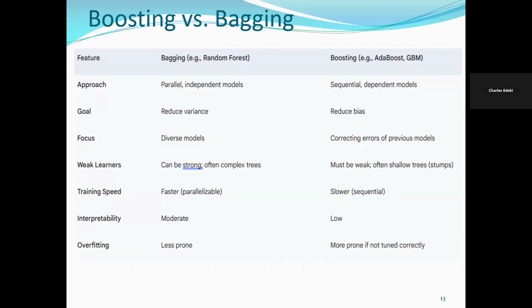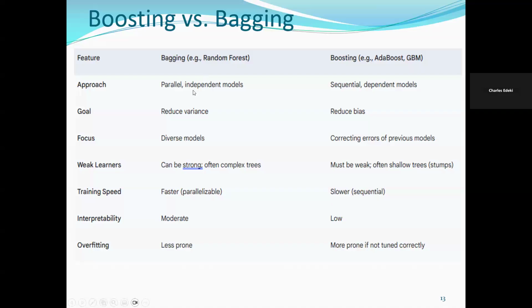So we have bagging, then we have boosting. An example of bagging is random forest, and for boosting, the most common is GBM, gradient boosting, which we went through.